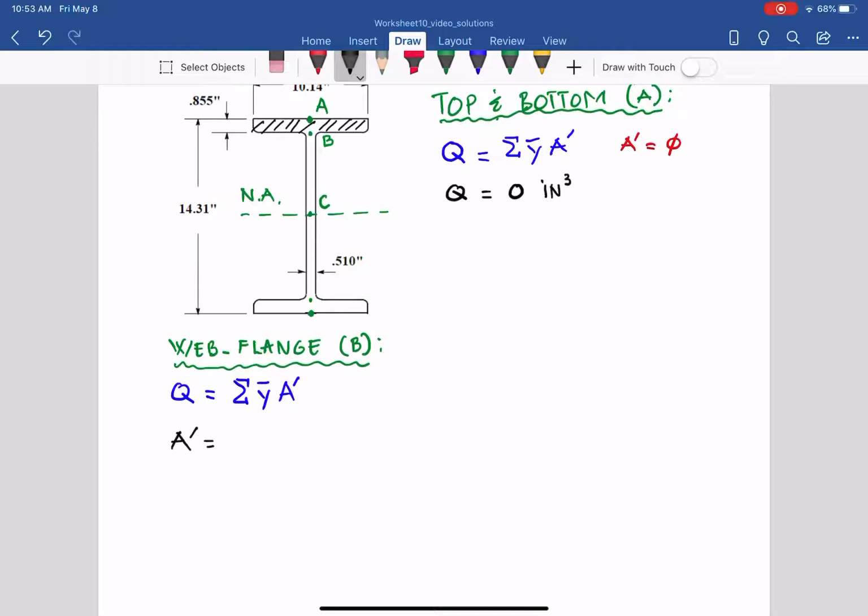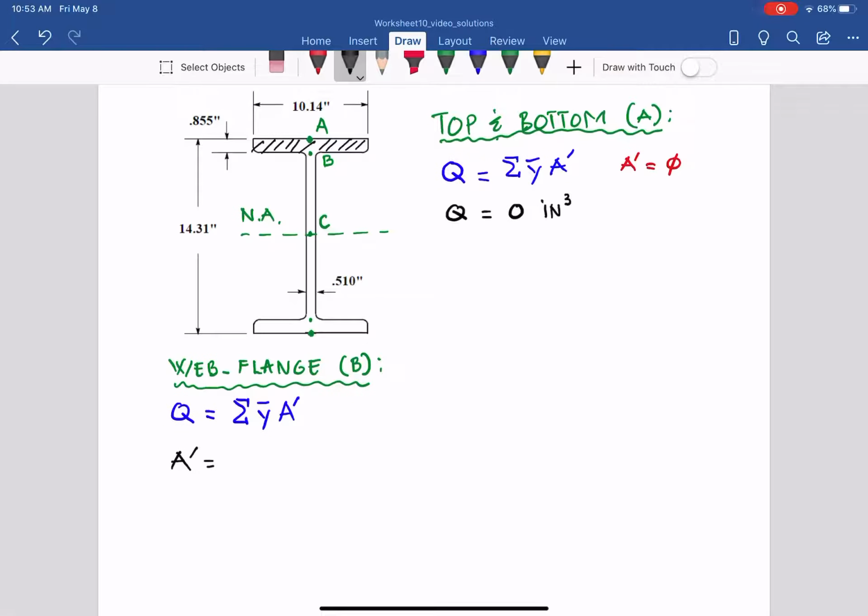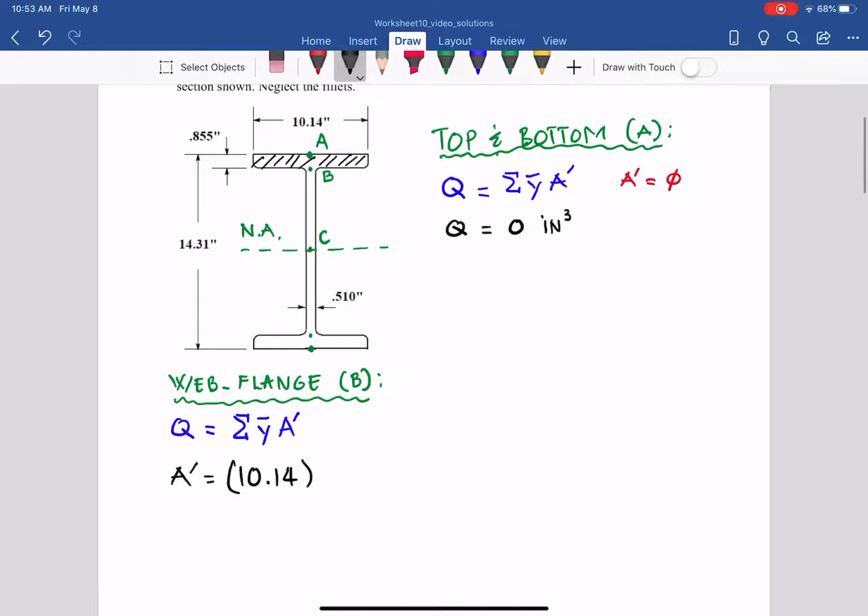So that one is equal to, ignore the fillet, so you can see that the area in that case is equal to 10.14 inches, just consider that a rectangle, times the thickness of the flange, 0.855 inch.